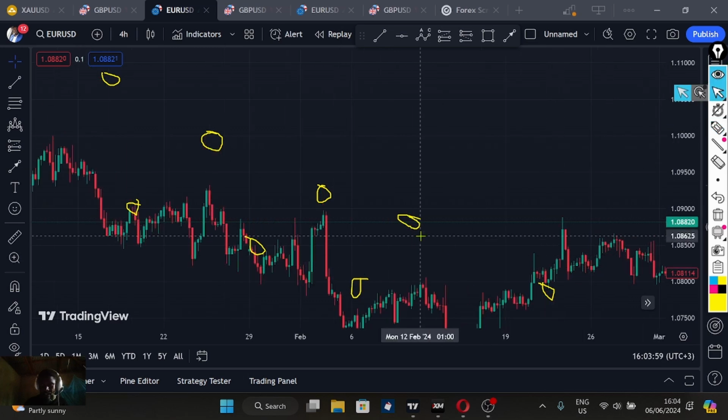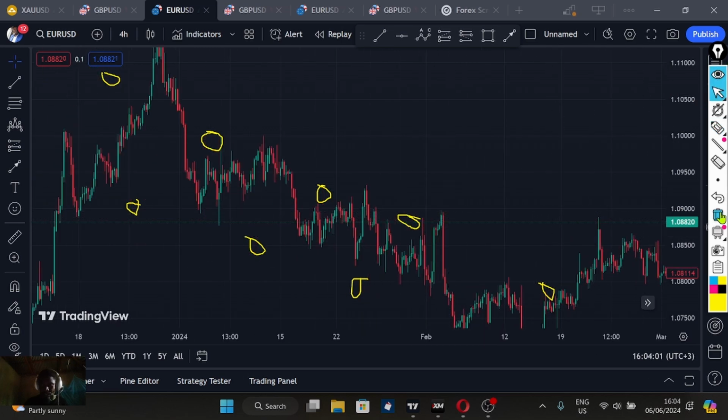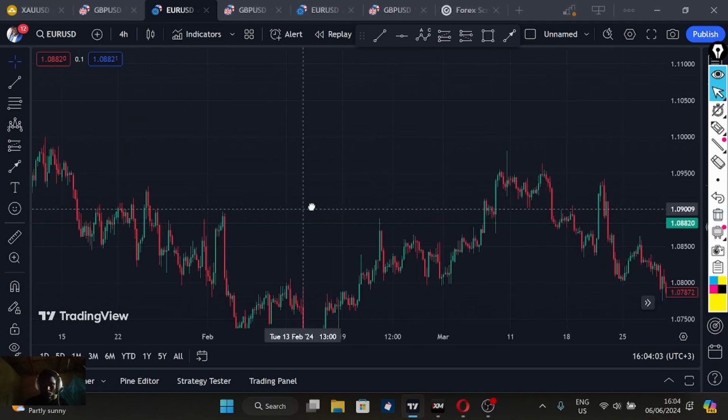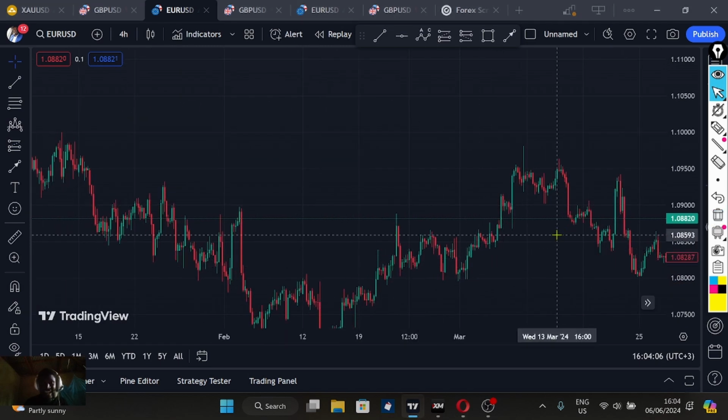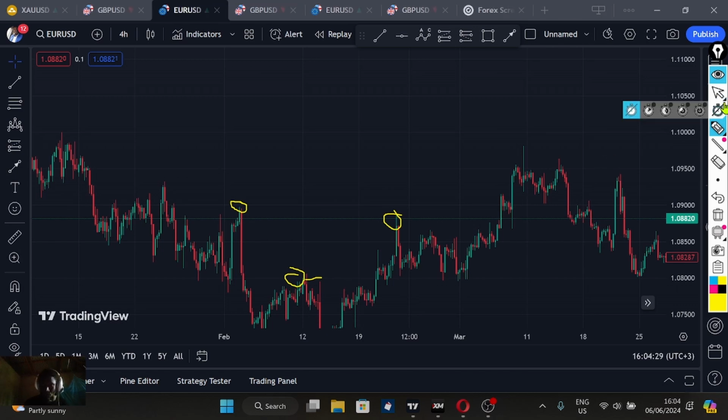This trend is broken when the next high is higher than the previous high. Like here, this is a higher low, and this is another higher low. The next high was a higher high than the previous high. Now the trend is broken.